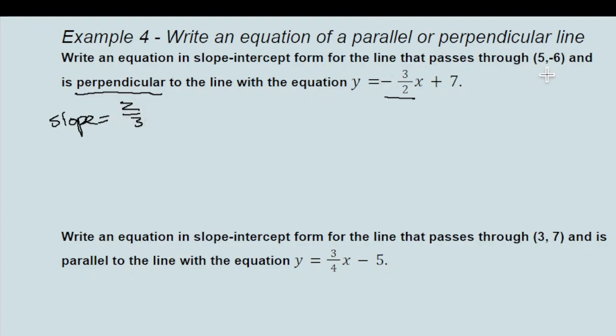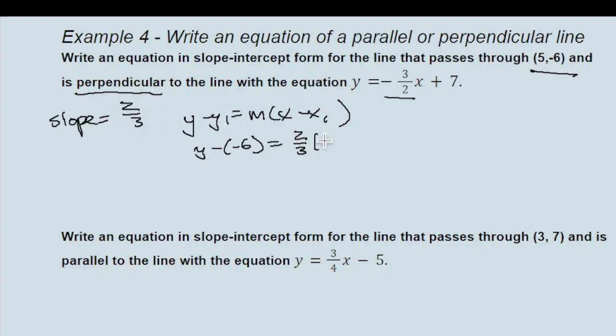Then I use this point and write an equation. We go y minus y1 equals m times x minus x1. Plug in your numbers. So y minus -6 equals m, which is 2/3, we figured out our slope, times x minus x1, which is 5.